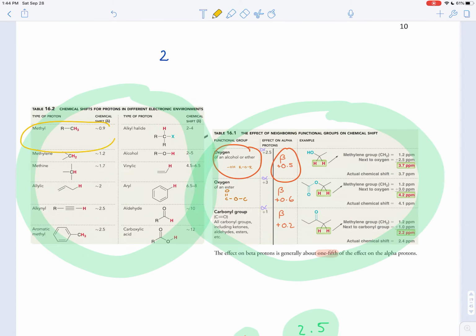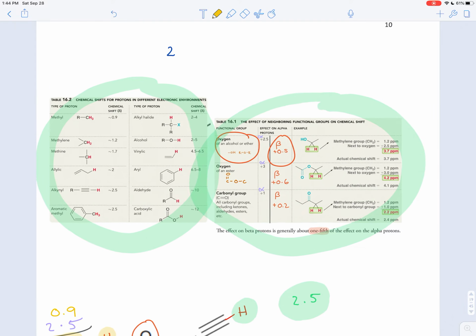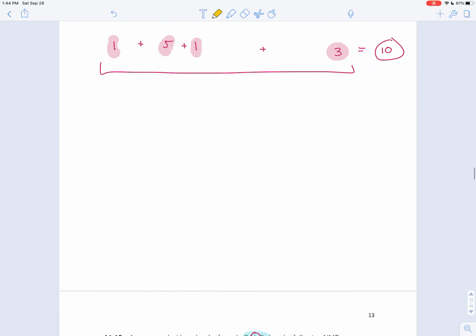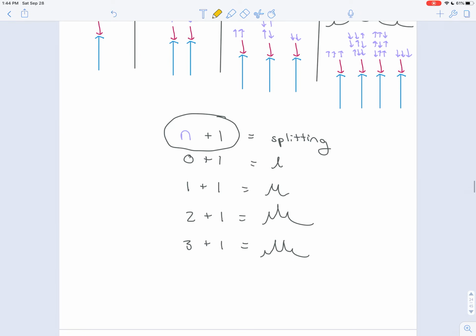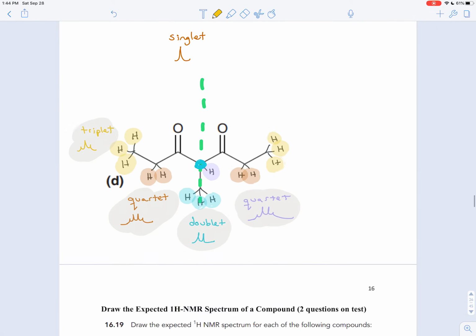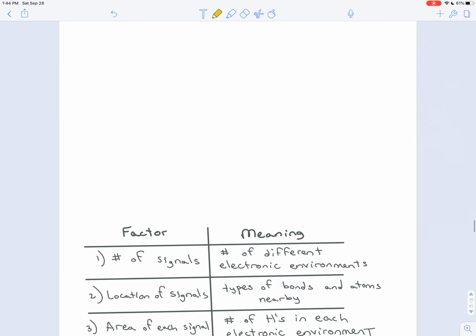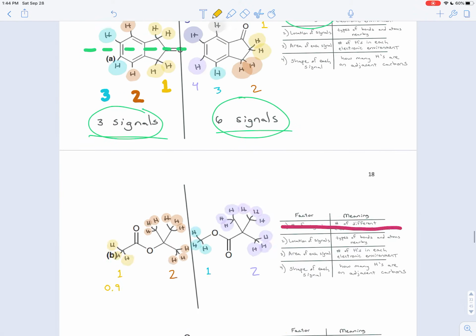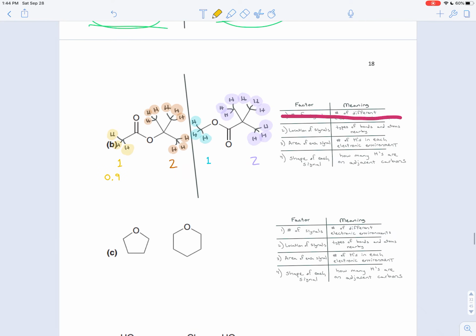So you'd want to refer to those tables. You can see CH3 would have 0.9. I won't include the tables in this video. You have them in previous videos. By this point in these exercises, you would want to have these memorized. So if you don't have them memorized, you can take a screenshot and include that to the side of the video so it's easier to follow along. I would encourage you to memorize those before you attempt these problems.